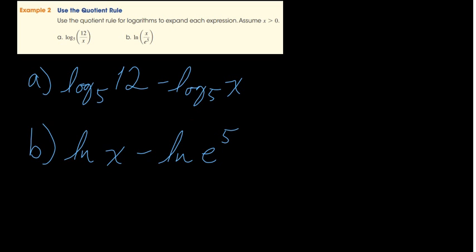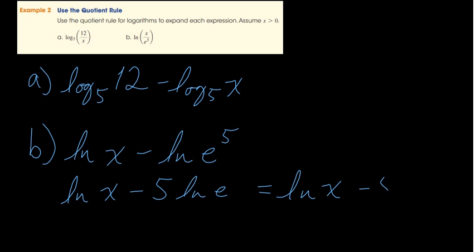So we could rewrite this as the natural log of x minus 5 times the natural log of e. We talked about in the previous section that the natural log of e is just 1, right? So this is the same thing as the natural log of x minus 5, because that's 1, and 5 times 1 is 5.